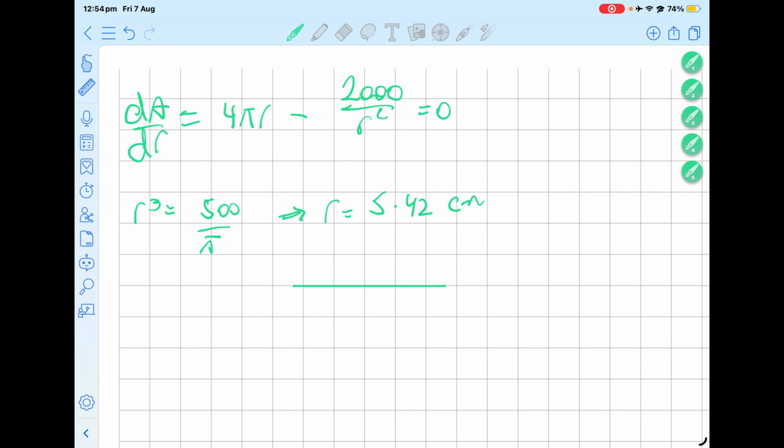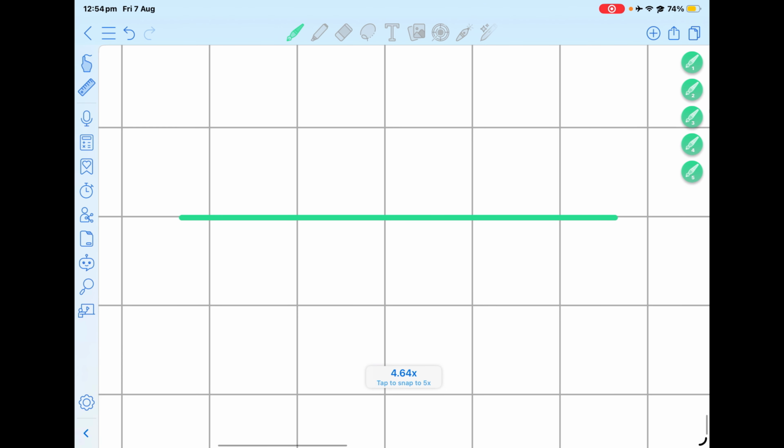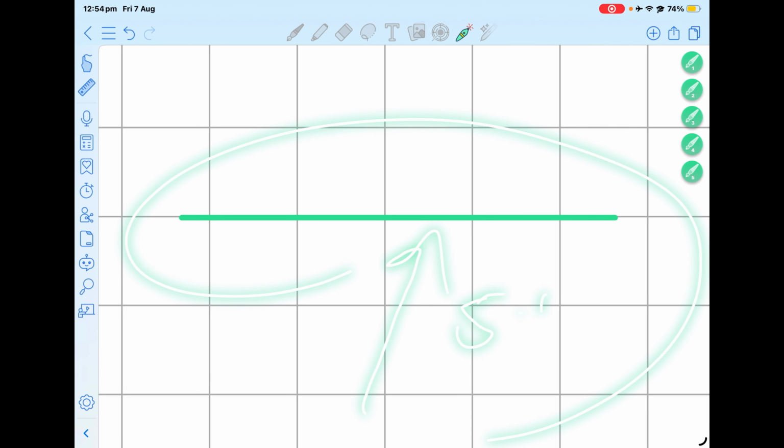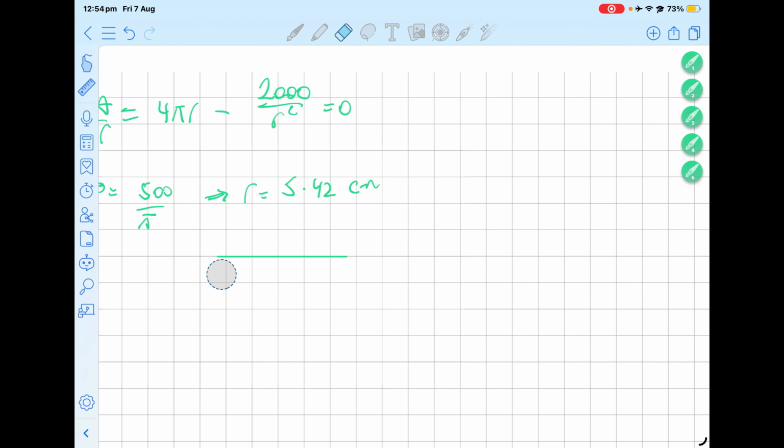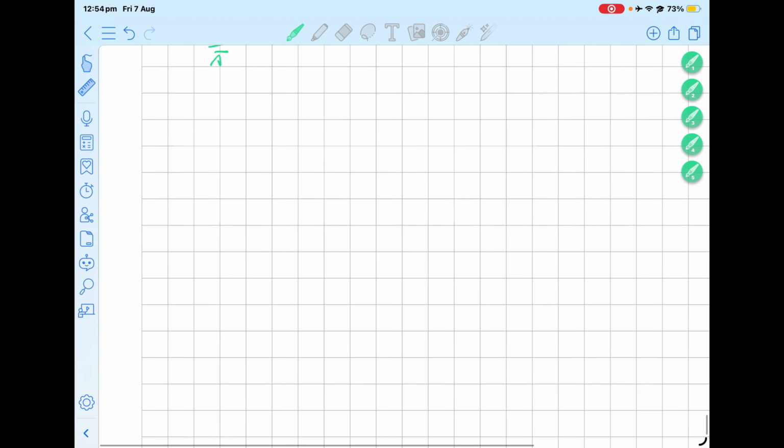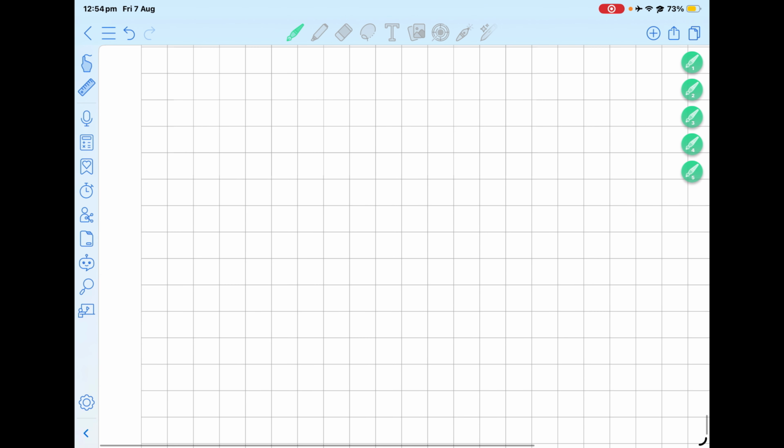This thing is 5.42 centimeters, obviously on a digital scale, but yeah, it's 5.4. Okay, never mind. Let me just take this.